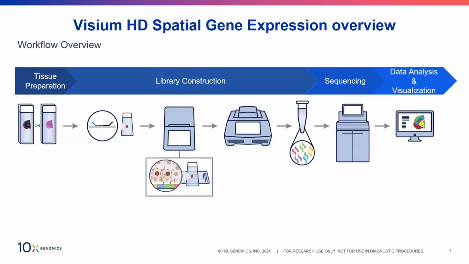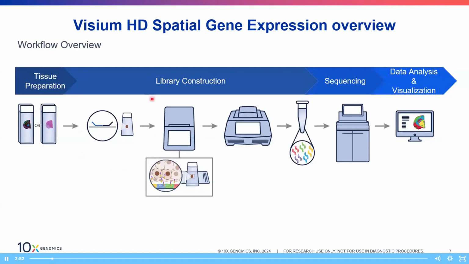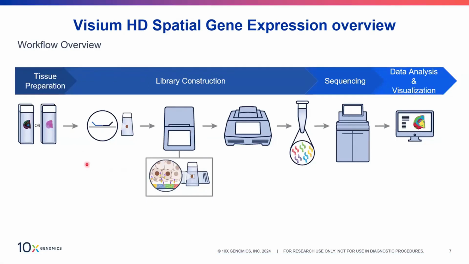Practically speaking, in the Visium HD workflow, the first 3 steps, the sectioning, the staining, and the imaging, take place on standard histology slides, followed by a transcriptome probe hybridization step, which is an overnight step, after which the probes that have hybridized are ligated together.